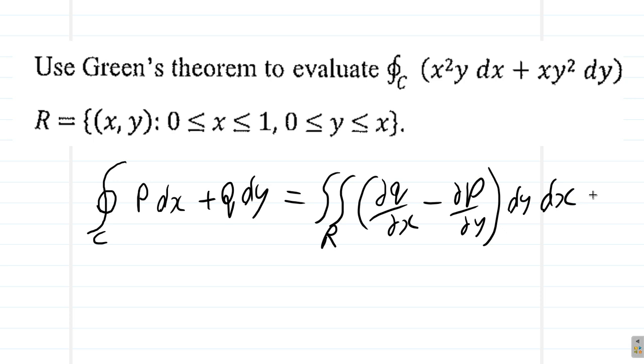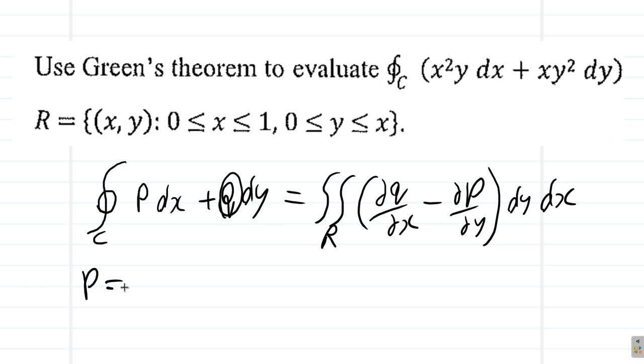Okay, good. So you have finished. Did you get -1/6? Let's see what's going on here. It says p dx, so you can see what p is, and q dy, so you can see what q is.